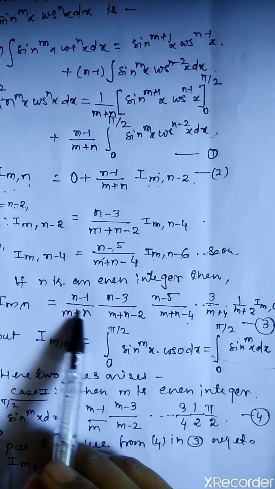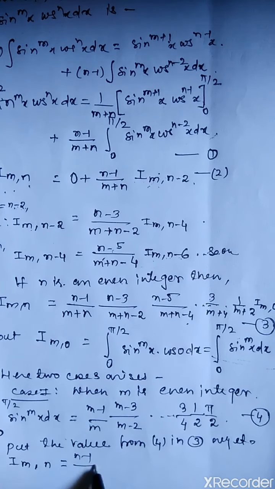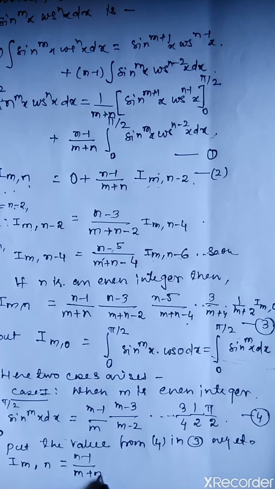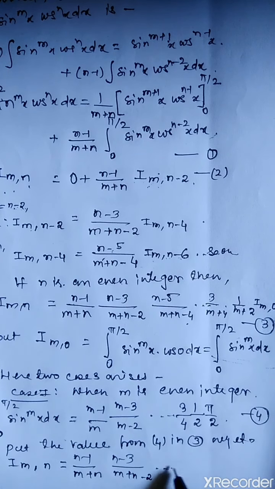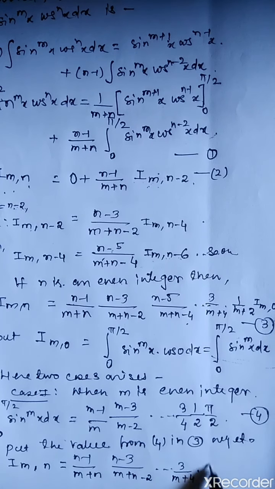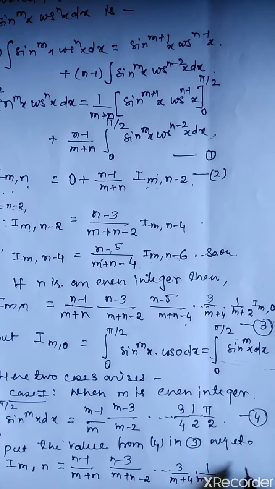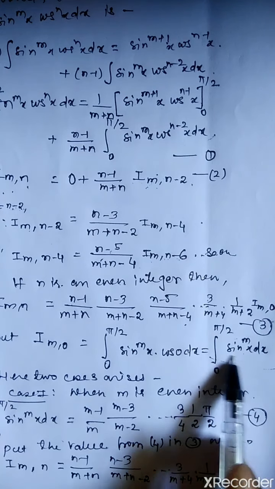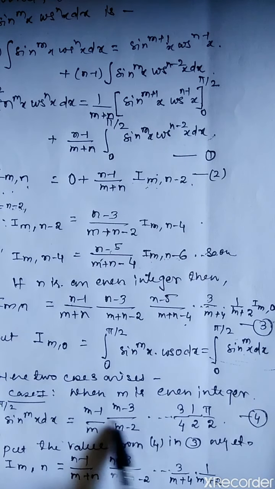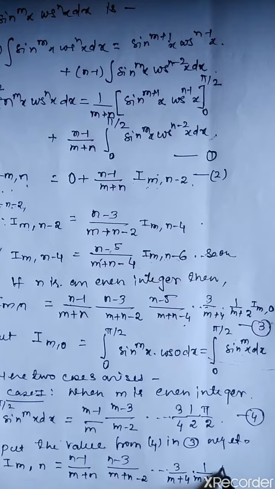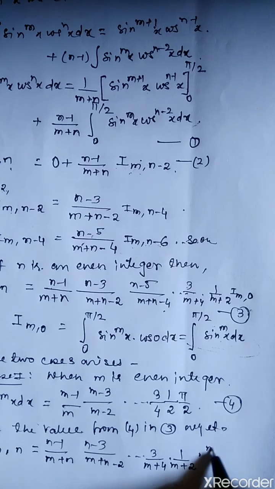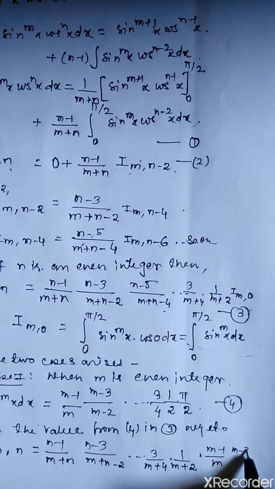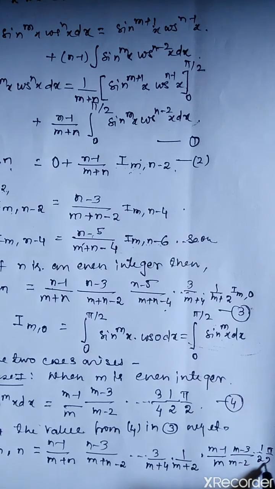Here is this one: (n minus 1) by (m plus n), (n minus 3) by (m plus n minus 2), and so on, 3 by (m plus 4), 1 by (m plus 2), and then I_{m,0}, and I_{m,0} is this much, and its value is here in equation number 4. So now into, what do we write here? Into (m minus 1) by m, (m minus 3) by (m minus 2), up to 1 by 2, and then pi by 2.